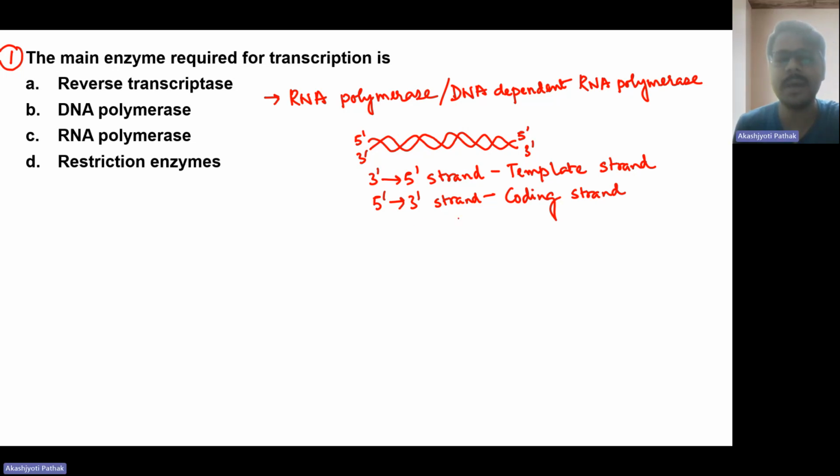The only difference is in the uracil residues: the mRNA will have uracil in place of thymine. That is why it is called the coding strand, or sense strand, and the 3' to 5' strand is called the template strand or the antisense strand.